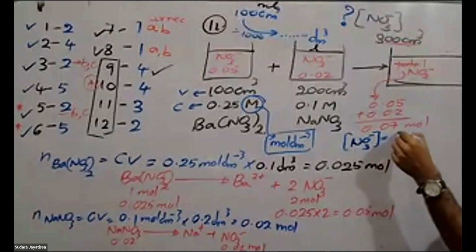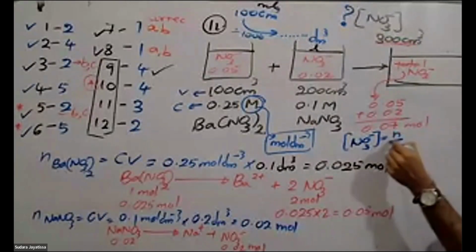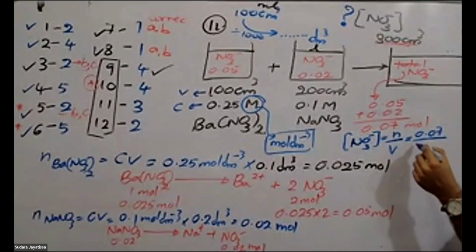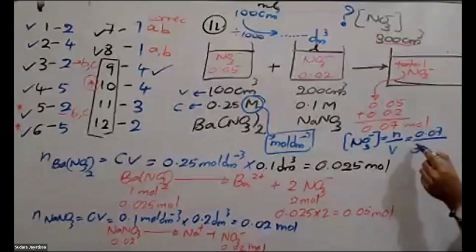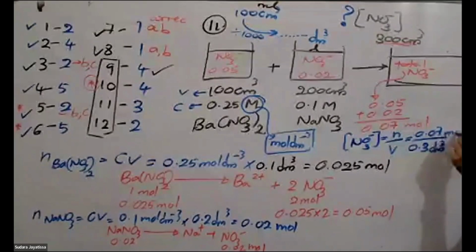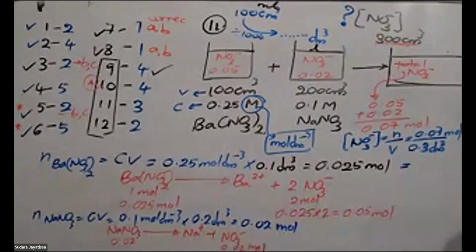You have to divide moles by volume. Moles is 0.07, volume is 300. That 300 means, if you put it into decimeter cube, 0.3 decimeter cube. Here you will have the answer.